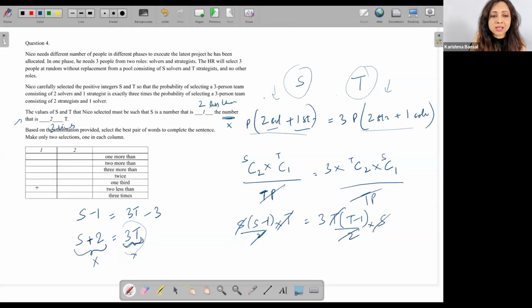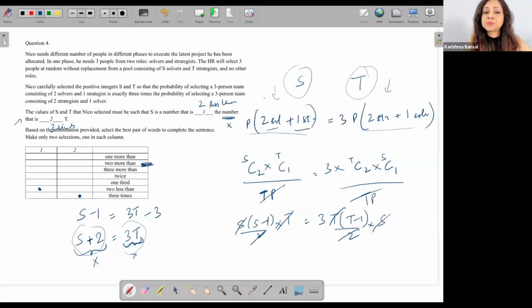We select S as 2 less than, and T as 3 times. Is this okay? Does this make sense? One trap over here, one place where you could make an error, is selecting that S is a number which is 2 more than.